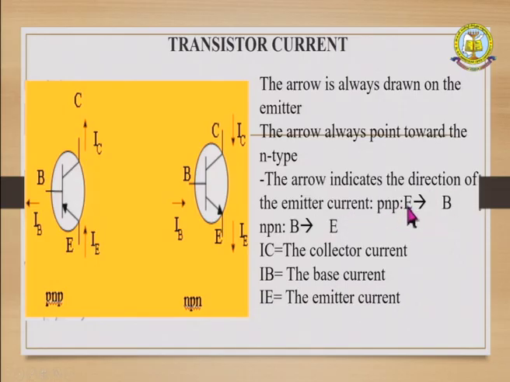In PNP, the arrow goes E to B; in NPN, B to E. So, IC is the collector current, IB the base current, and IE the emitter current.